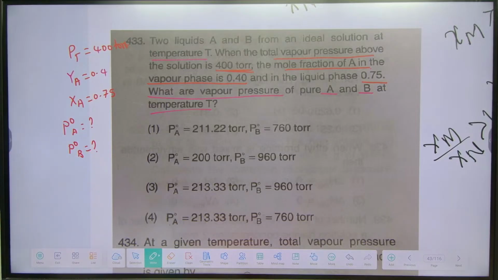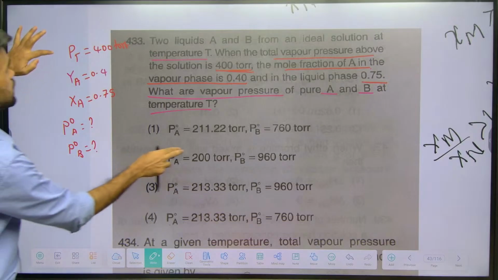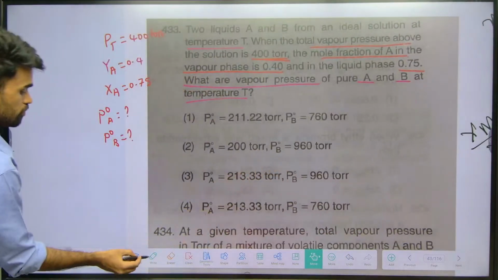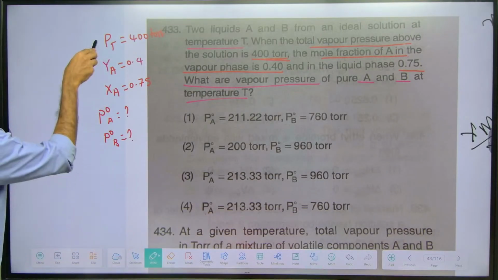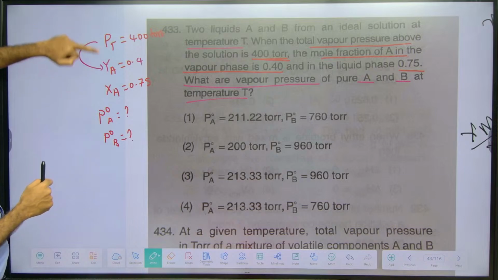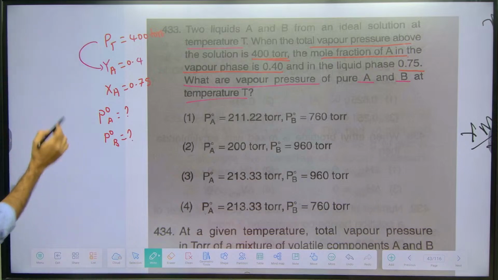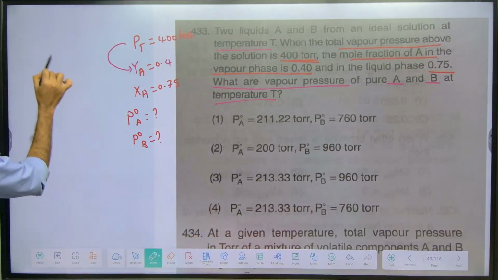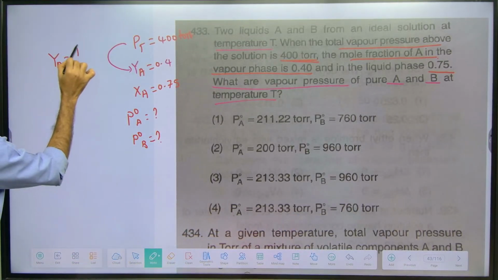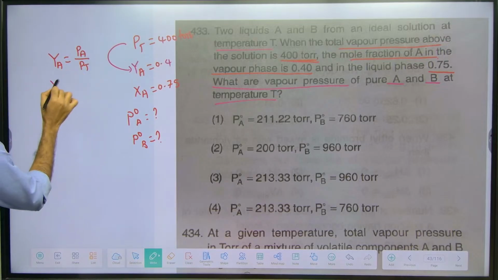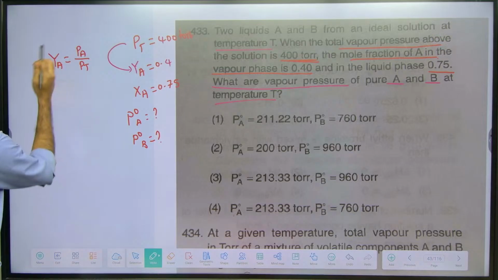So how can you do this? P total they have given, and they have given YA also. What is the relation between these two? YA is equal to PA by PT.